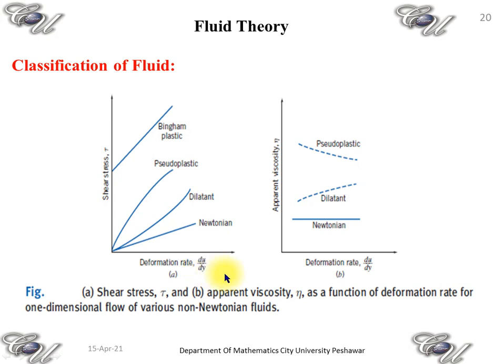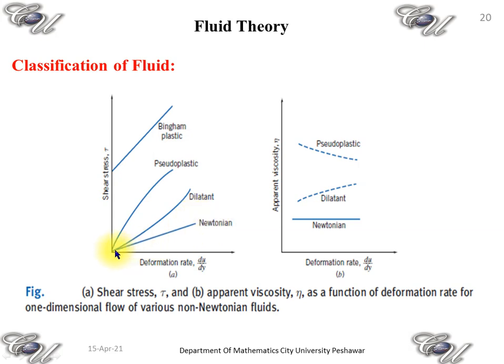You can see how the fluids have been classified. When the shear stress is applied and the relation is a straight line, this means the viscosity is constant, and we call these Newtonian fluids.